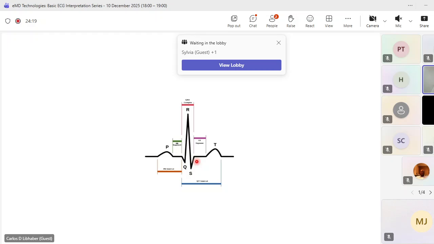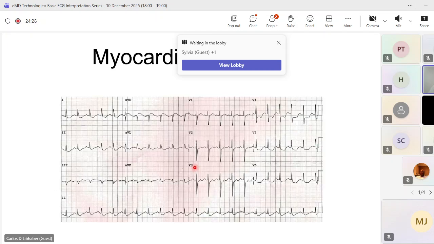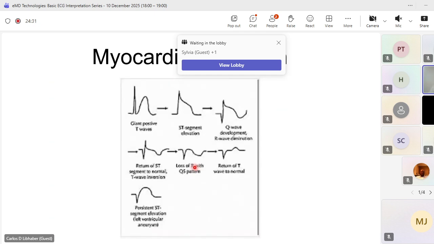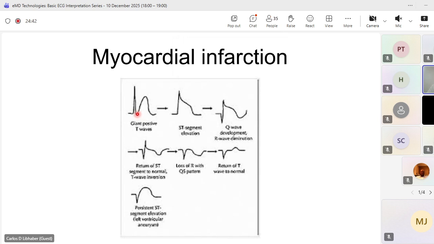Many times in many leads, you won't see the Q or you won't see the S, but still we call it ST. Here, you don't see a Q, you don't see an S, but still we call it the ST segment, the segment that joins the last wave of the QRS with the T wave.